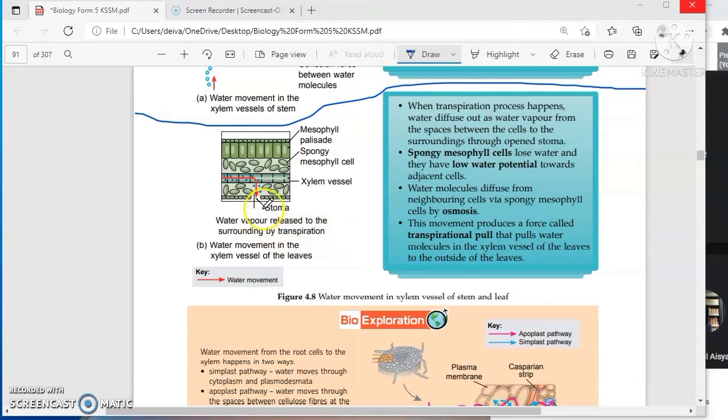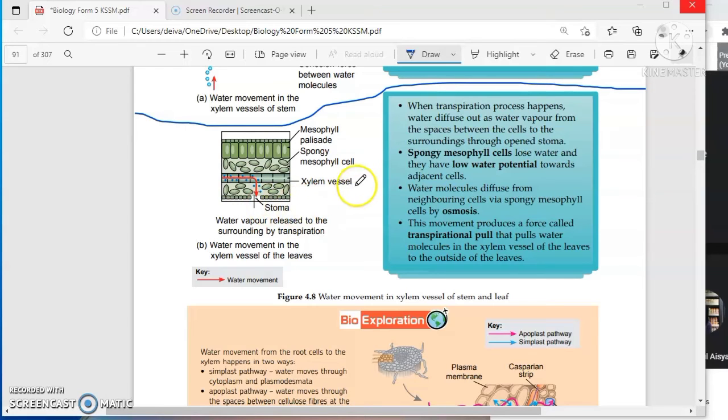During transpiration, the plant will lose water through the stoma. So when, let's say, this cell loses the water here, this cell will take water from the adjacent cell, and then it will form a force to pull the water from the xylem.